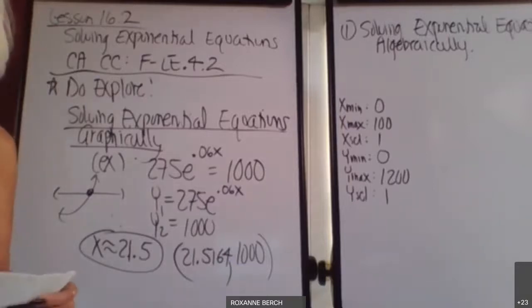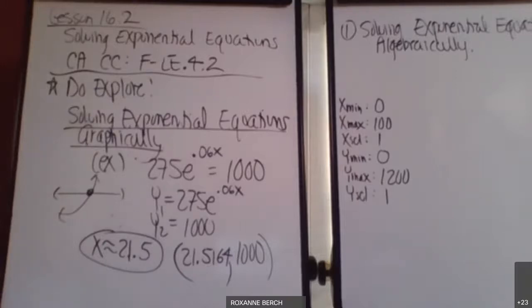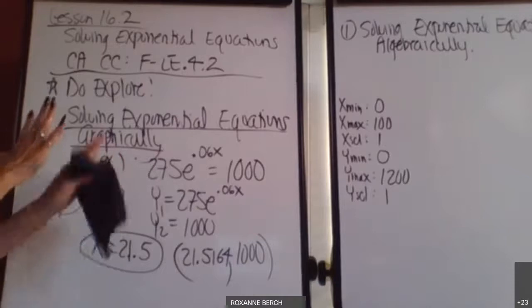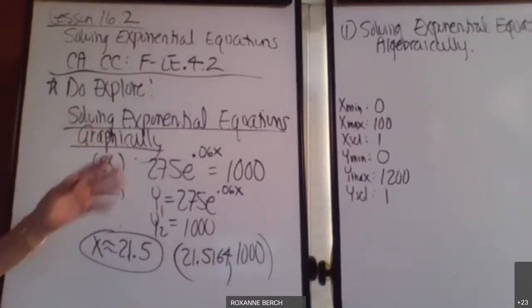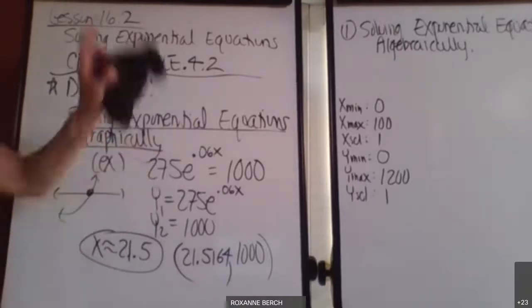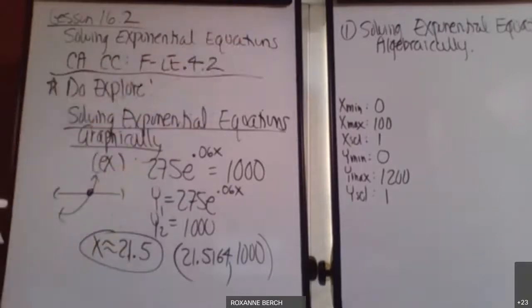All right, anybody want to ask me more questions about that, like the window and stuff? Okay, so this is, once again, solving exponential equations using a graphical approach. The first objective here is we're solving algebraically. So that's the lesson.